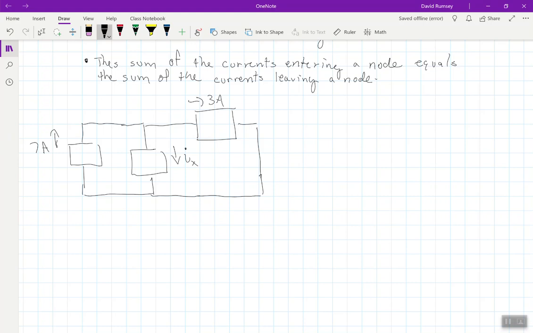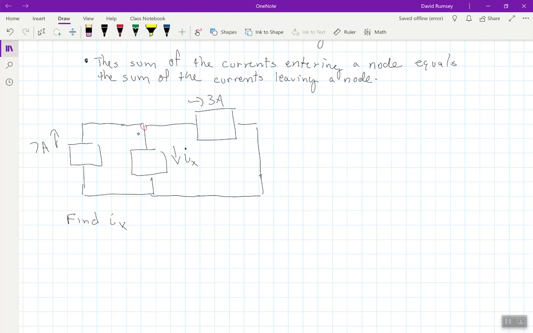Okay, so this is a simple circuit here, and we're supposed to find Ix. Now, typically what you want to do is pick a node that involves this current Ix. So we really have two choices here. We could choose this node right here or this node down here because they both involve Ix.